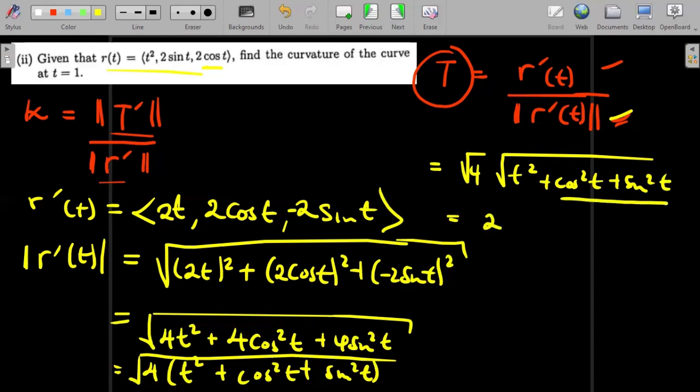This here is an identity: sine squared plus cos squared gives me 1. So I just have T squared plus 1.